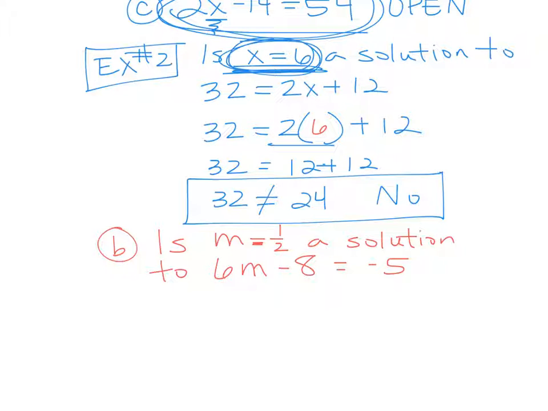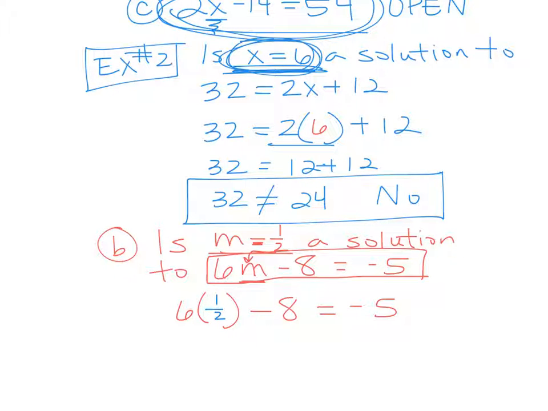So what are you gonna plug in? The 1/2, right? Where you see m, if m is 1/2, you're gonna plug that 1/2 in here. So it's gonna be 6 times the 1/2 minus 8 equals -5. So you're plugging this in exactly how you see it, but with the m replaced, okay?